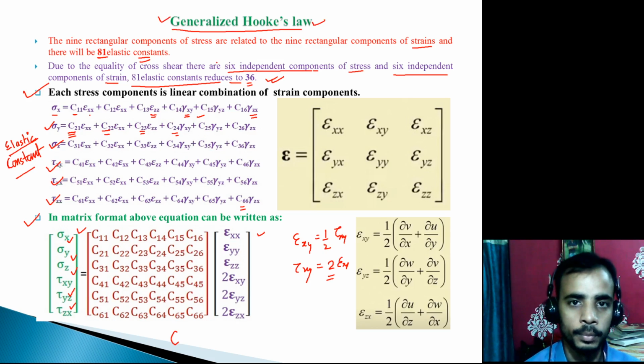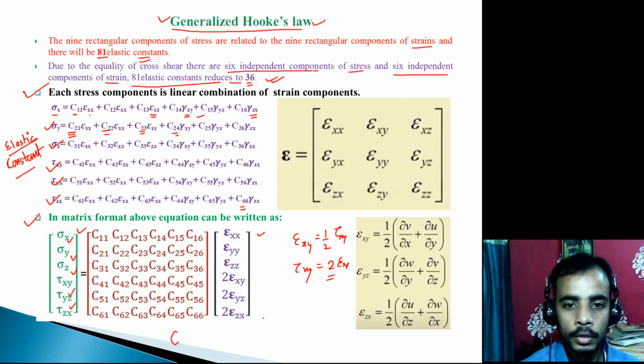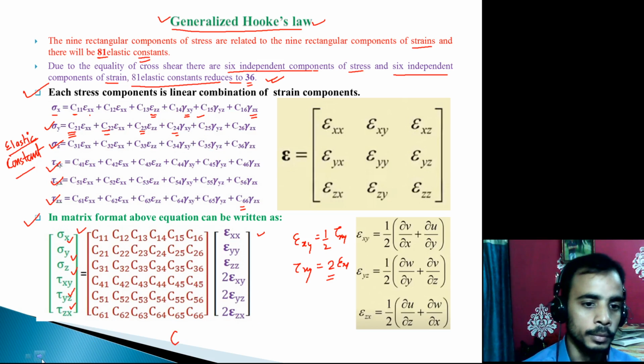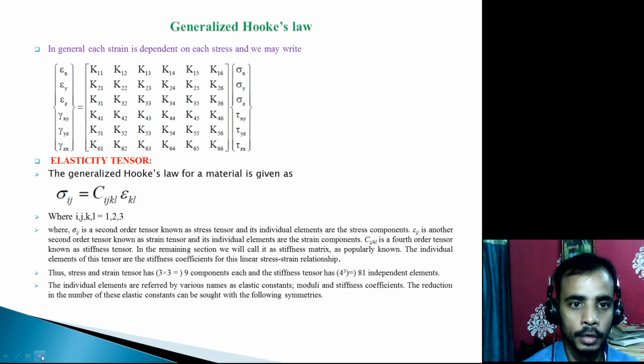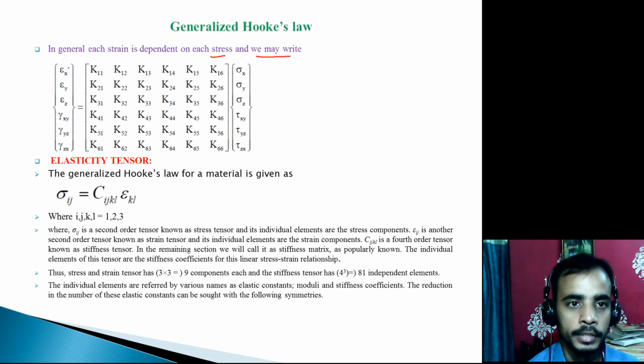Okay, so we can prove the generalized Hooke's law. We will see in a future lecture how the general Hooke's law is proved. Okay, now in general, each strain is dependent on each stress. We may write epsilon x, epsilon y, epsilon z, gamma xy, gamma yz, with coefficients K11, K12, K13.